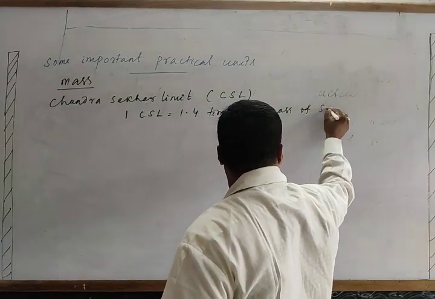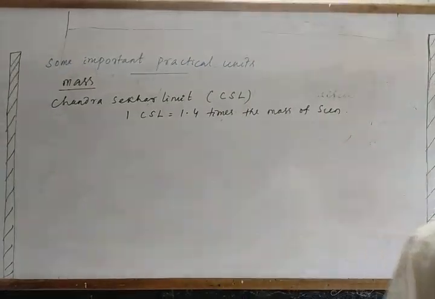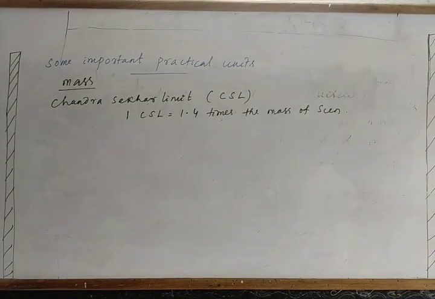mass of sun. So already you know that the sun is a very massive body, and that is 1.4 times the mass of sun.